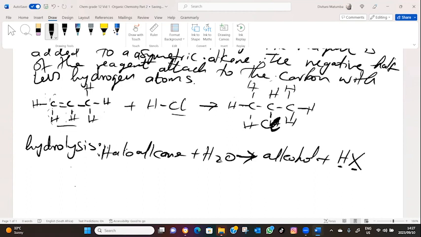So the OH from the water will go and replace the halogen. The reason why it does so is because hydrogen bonds tend to replace any other bonds. Oh no, not hydrogen, sorry. The OH tends to form a very strong intramolecular force in the molecule.